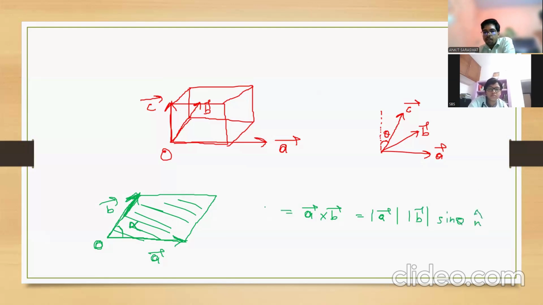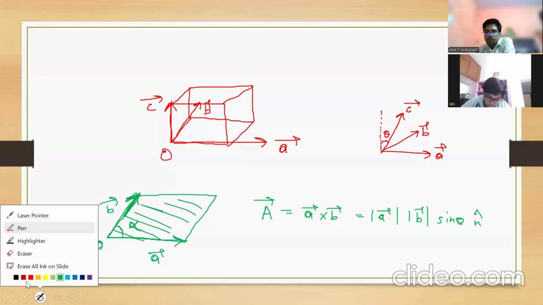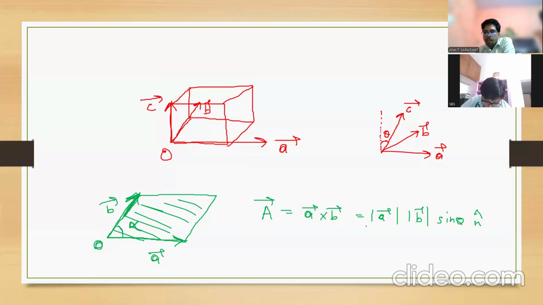This is the area vector, and its direction is given by this unit vector. So A cross B will give you the vectorial area. Understood?